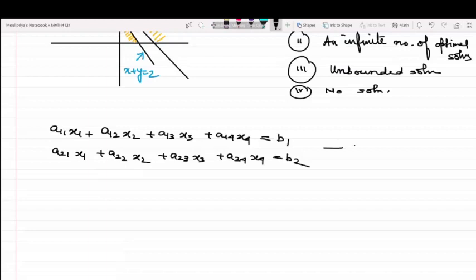Okay, that implies this system has got how many unknowns? How many variables? Four. Right. And how many equations? Two equations.